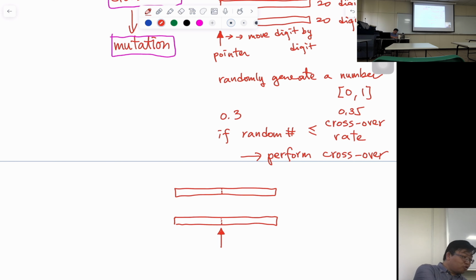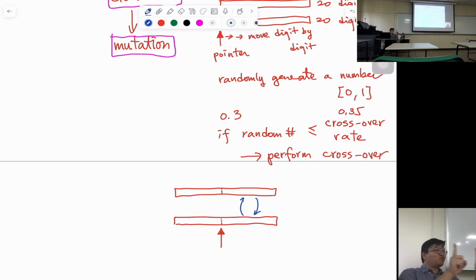So what does crossover do? Crossover directly swaps some part of the chromosome. They swap their body. Sometimes it's a so-called one-point crossover. That means you define a single point, and the rest of the body performs swapping.